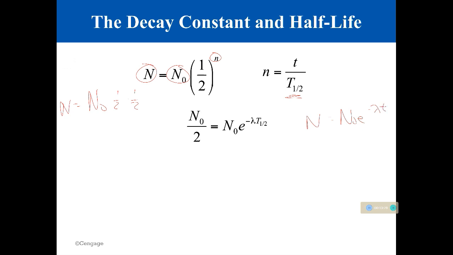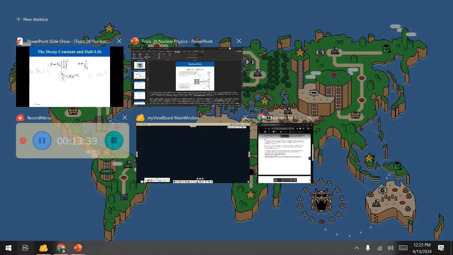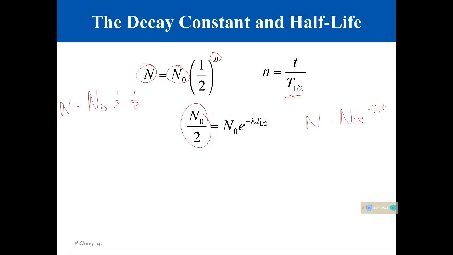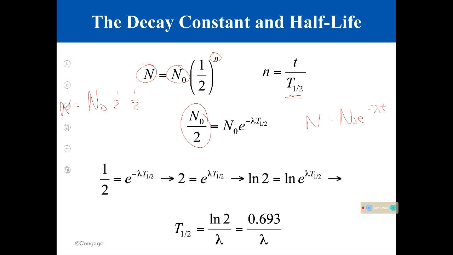Okay, little t. So what they've done here is they go, okay, let's plug in half of the element, right? For half of the element, by definition, the time should be its half-life. And now we can start to do a little bit of math, and we get this.